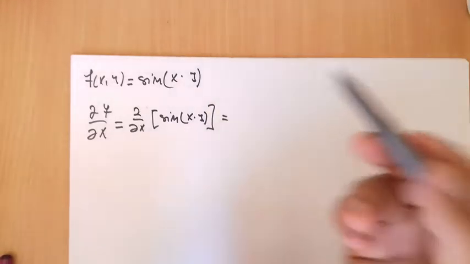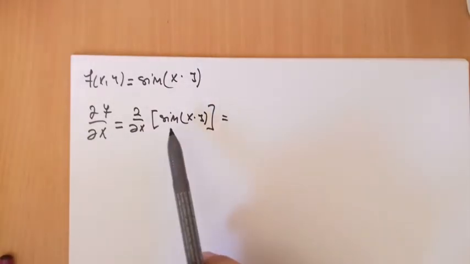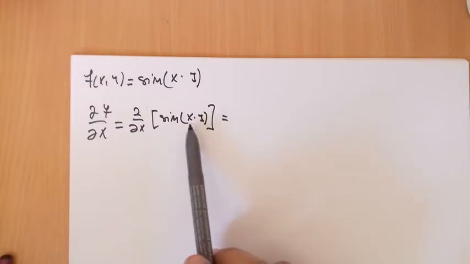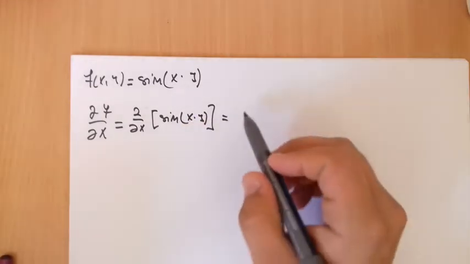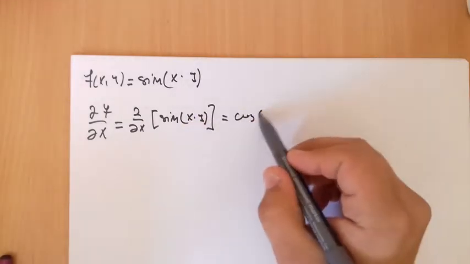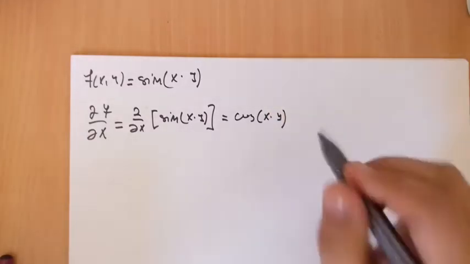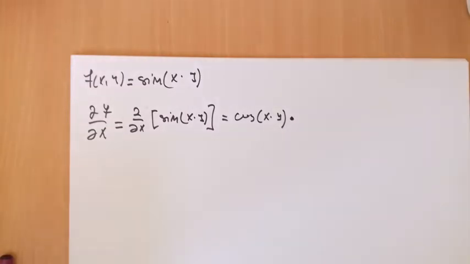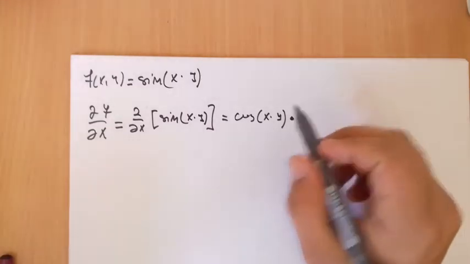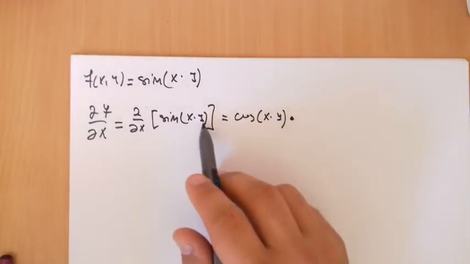The derivative of sine of x times y is cosine of x times y times the derivative of this argument here.